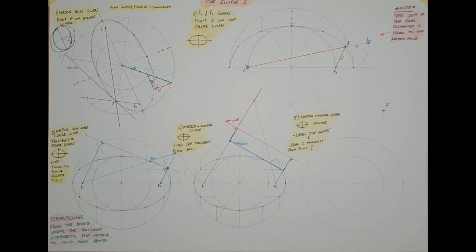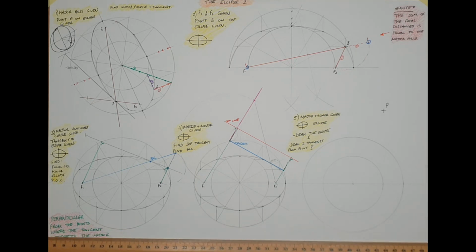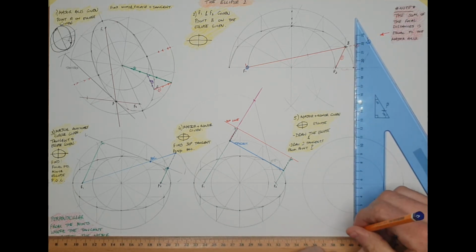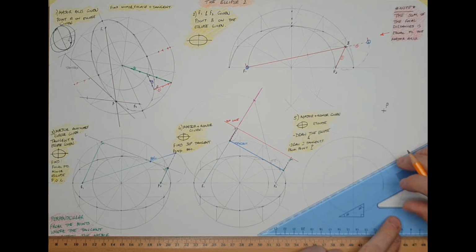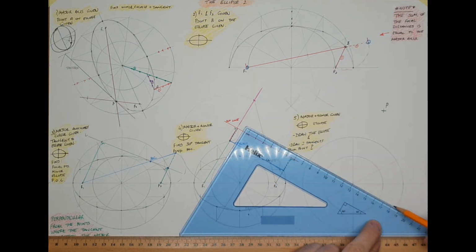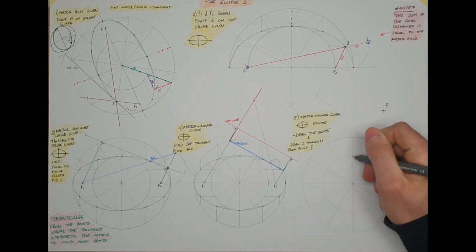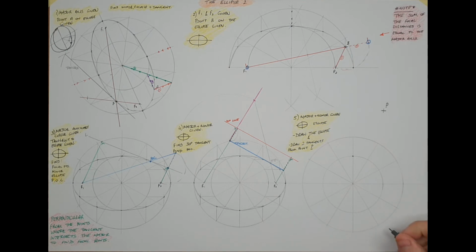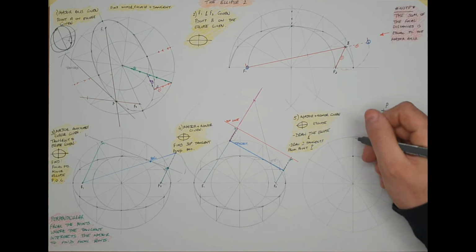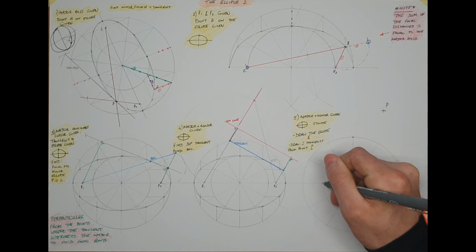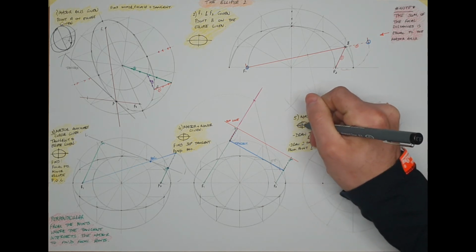Last question here for this. Major or minor are given. We need to draw the ellipse first, and then we need to find some external tangents. So I'll go ahead and once again get my practice in at drawing the ellipse first of all. This time I'm going to go ahead and do a vertical ellipse, not a horizontal.